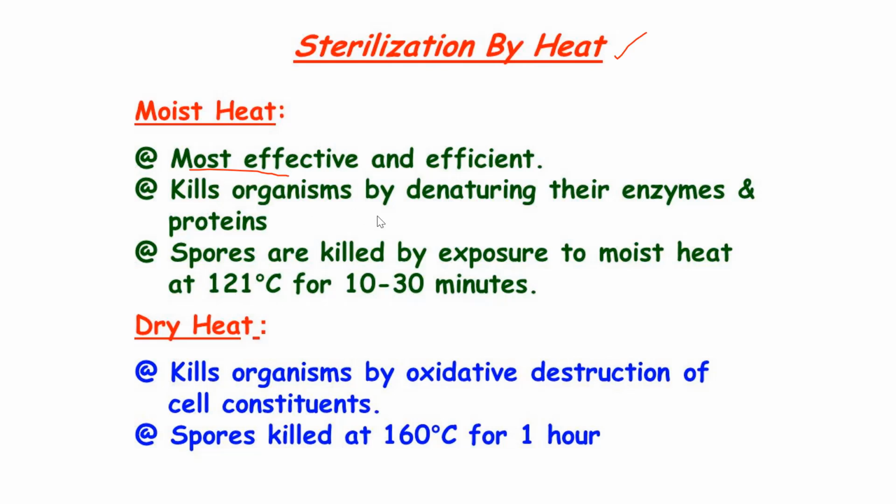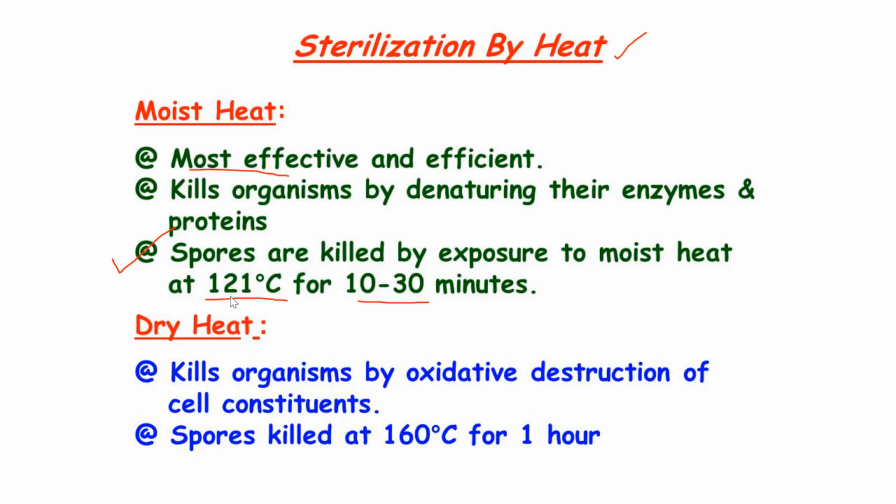Moist heat kills organisms by denaturing the enzymes and proteins, and spores are also killed by exposure to moist heat at 121 degrees centigrade for 10 to 30 minutes. In dry heat, most of the organisms are also killed, by oxidative destruction of the cell constituents, and spores are killed at 160 degrees for 1 hour. So both of them are capable of killing the spores.